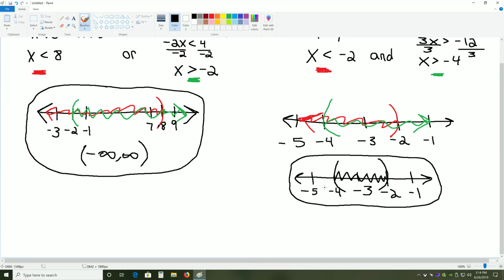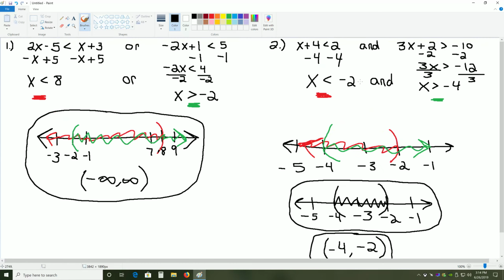And with that, we can quickly get the solution, which is parenthesis -4, comma, -2, parenthesis. It comes immediately from the graph. And this solves the original problem that we started with up here.